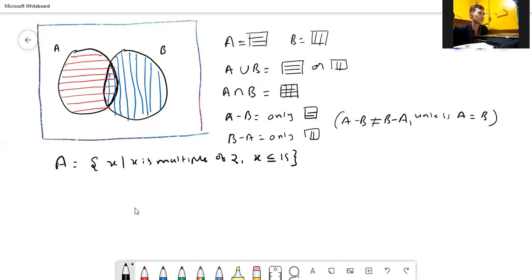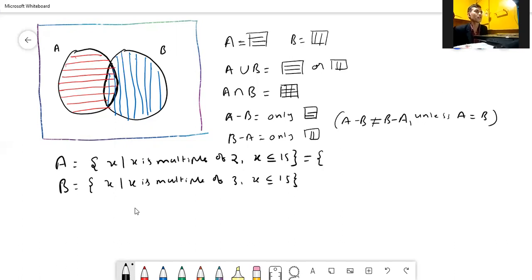Less than 16 also you can write. And B is another set, X such that X is a multiple of 3, same, up to 15.